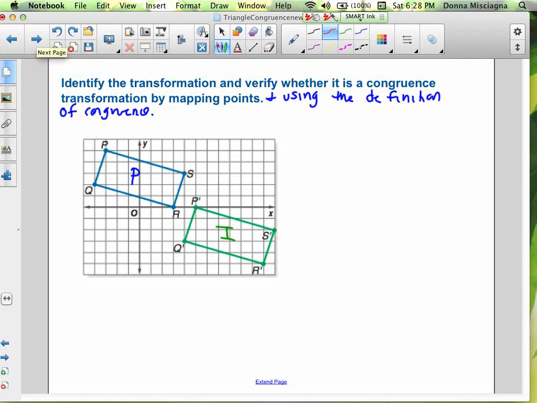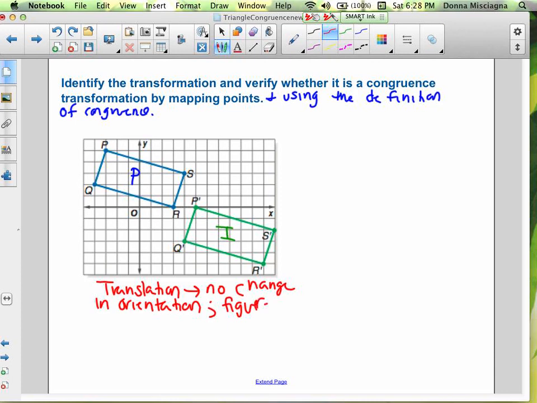All right, so it's facing the same direction. This has to be a translation. No change in orientation. Orientation means the direction you're facing. Since the figures are facing the same direction, there's no change in orientation.